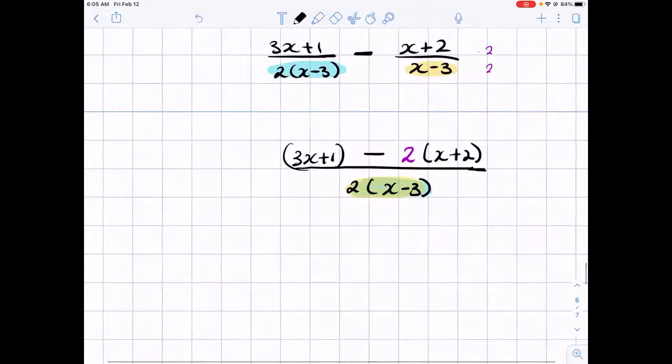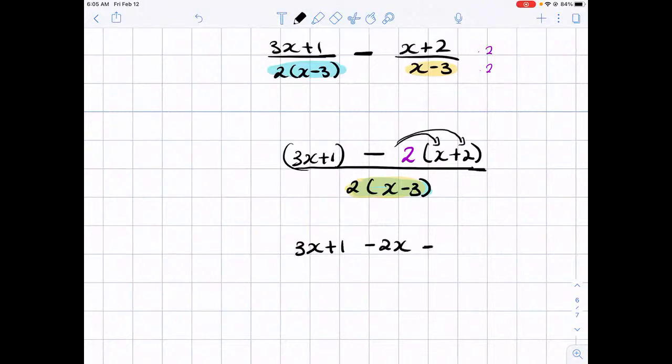So distributing that negative sign, we have 3x plus 1 minus 2 times x, and minus 2 times positive 2 becomes minus 2x minus 4. All of that over the denominator, 2 times x minus 3.